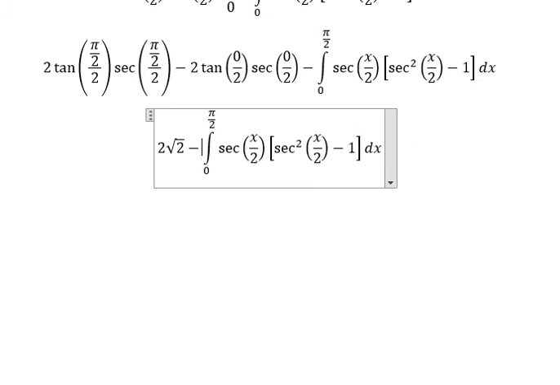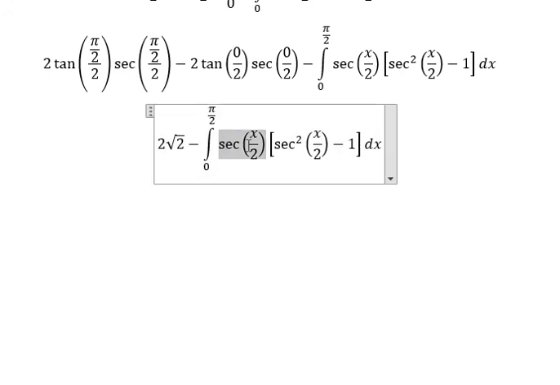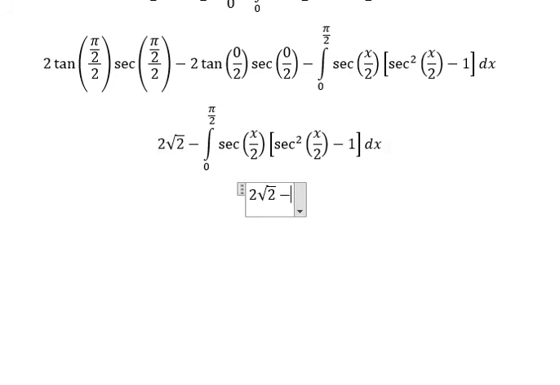So the next one, secant of s over 2 to the power of 2 multiplied by this one, and secant of s over 2 multiplied by number 1. So we will have about 2 integrals in here.